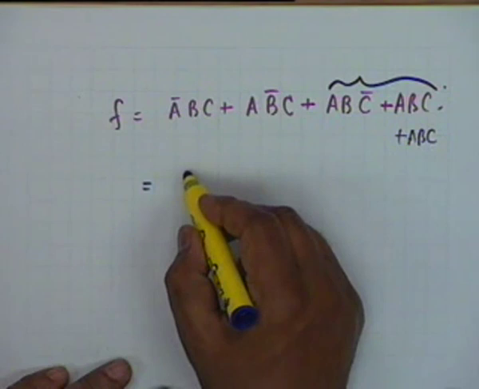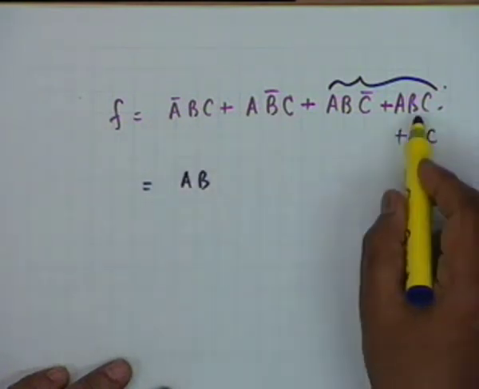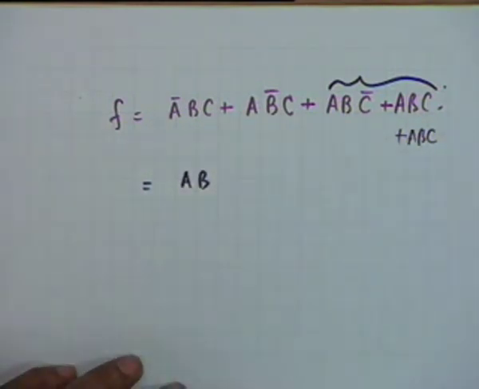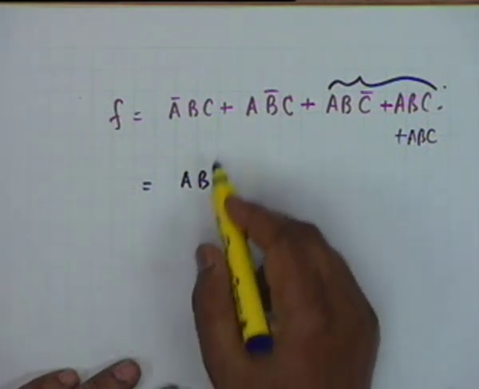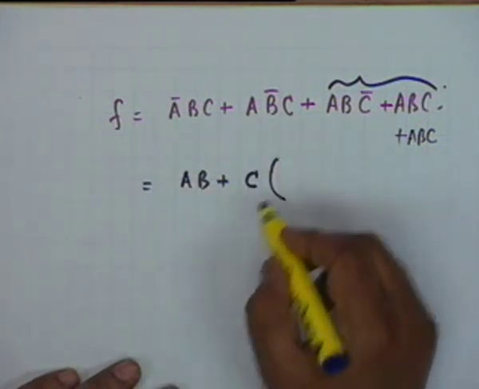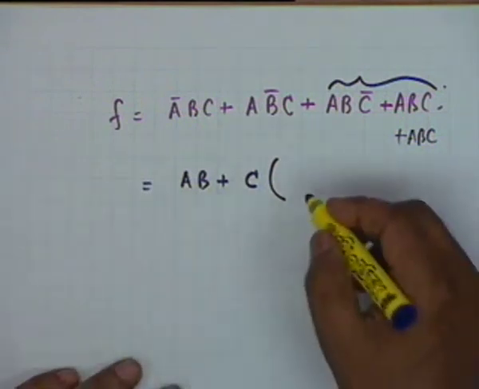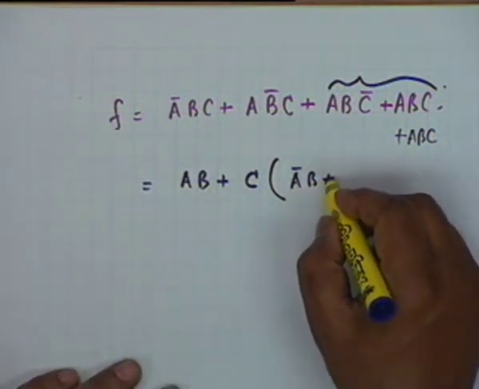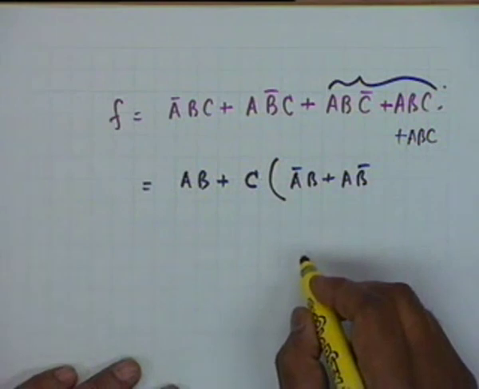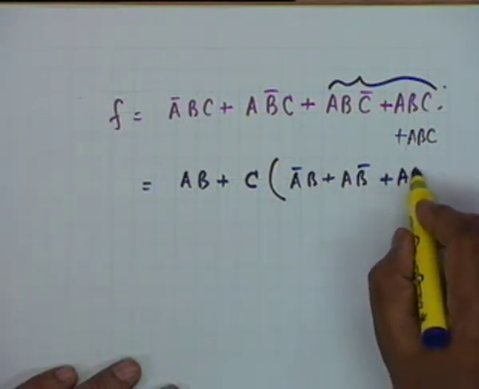Then we get AB, C or C bar 1. Therefore, it is simply AB. And from the rest, we take C common. Then we get A bar B plus AB bar plus AB.